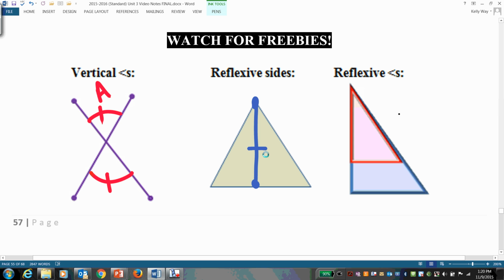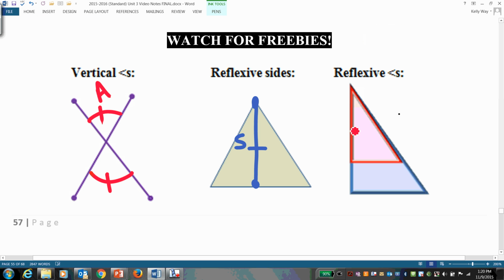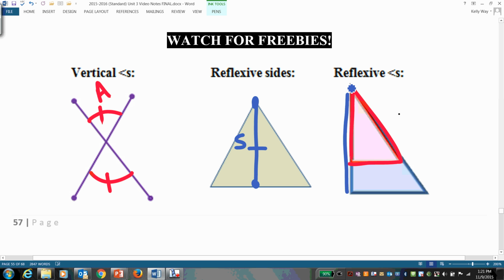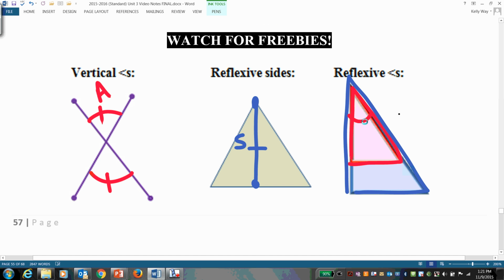In this case, that side would be reflexive, that's an S. And then an angle that is shared by 2 triangles. So we have this blue triangle and this red triangle, and they exactly share this angle right here. That is a congruent reflexive angle. Those are freebies, things that are congruent even when they're not marked.